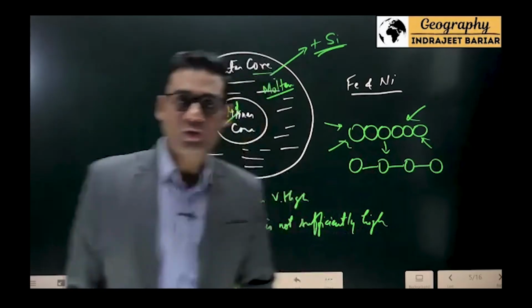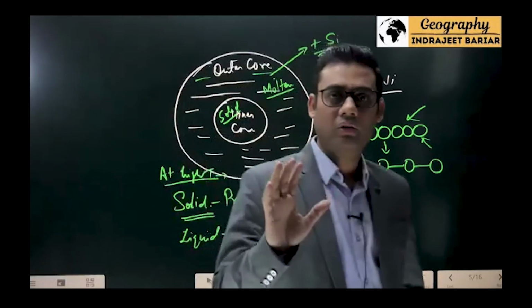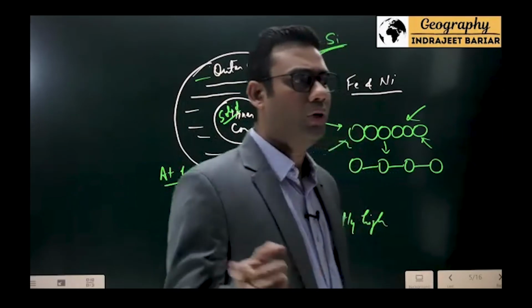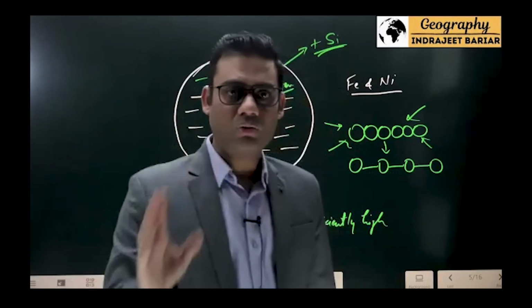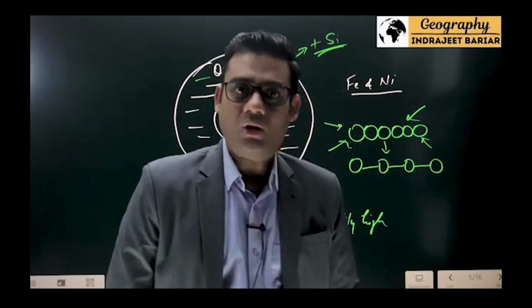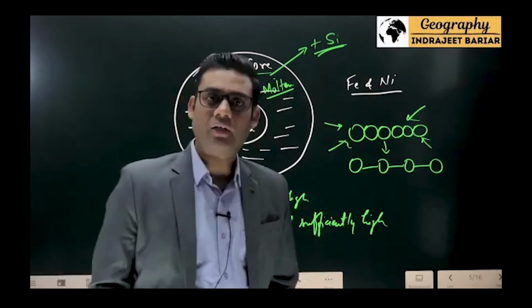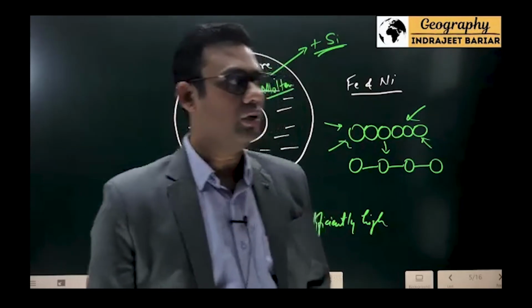Okay? Now the question can be anything. The question would be in terms of the state of the inner layers. और क्वेश्चन वही होगा. अब अगर I put a question like this to you, कि although the temperature in the lower mantle is very high, yet it is in solid form. Why? Tell me, Jareen.